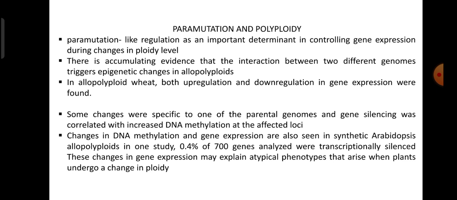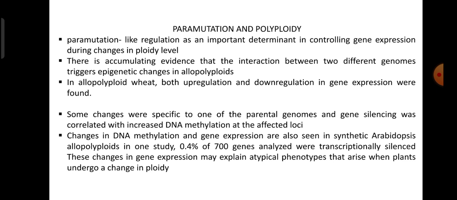Paramutation-like regulation is an important determinant in controlling gene expression during changes in ploidy level. There is accumulating evidence that the interaction between two different genomes triggers epigenetic changes in allopolyploids. In wheat, both upregulation and downregulation in gene expression were found. Some changes were specific to one of the parental genomes, and gene silencing was correlated with increased DNA methylation at the affected loci.